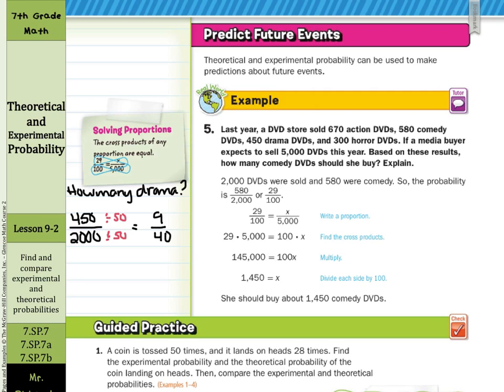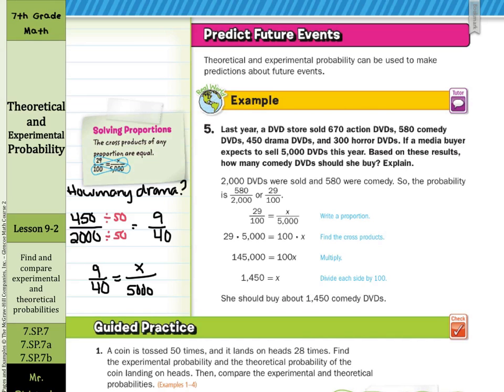Now, let's set up a proportion. 9 over 40 is going to be equal to, there are 5,000 predicted for the future, and so that's going to go on the bottom. And then our unknown x is the number of drama DVDs she should be buying.